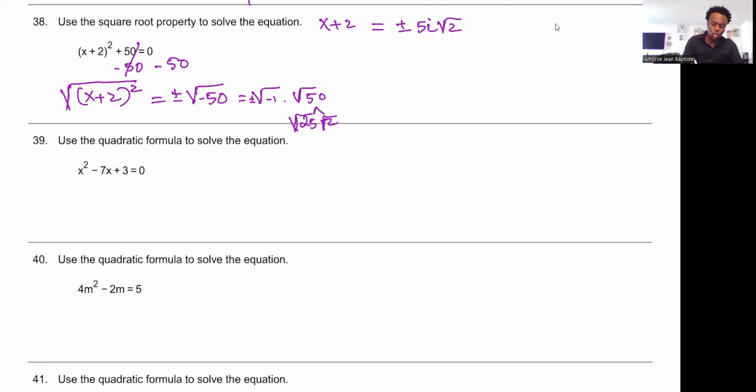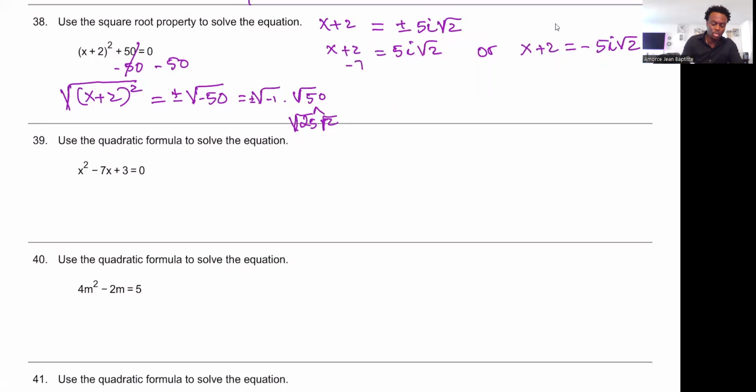And then two solutions are possible. The first one, x plus 2 equals 5i square root of 2. And the second one is x plus 2 equals negative 5i square root of 2.